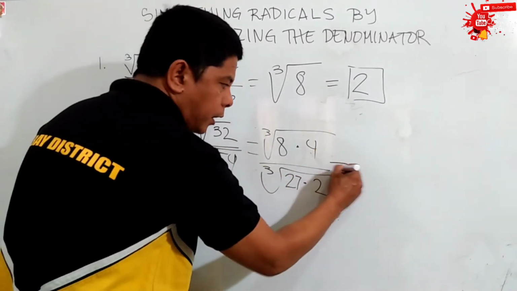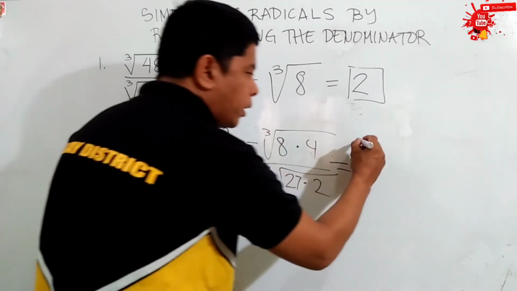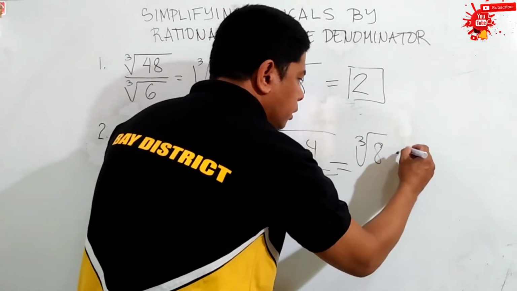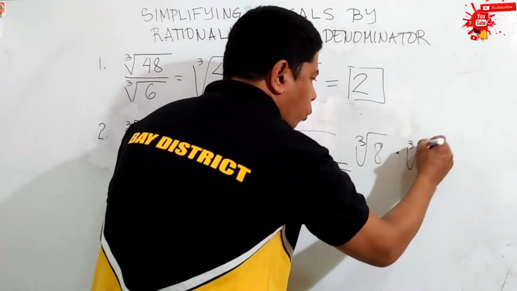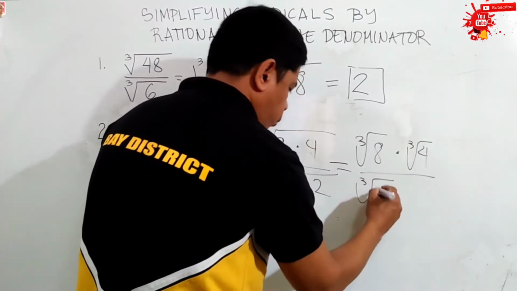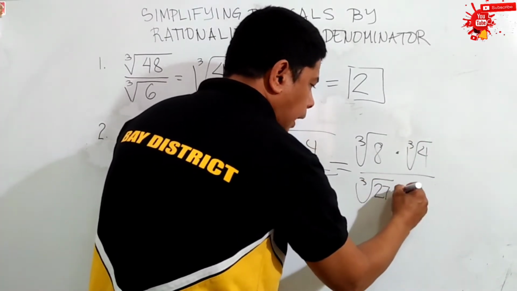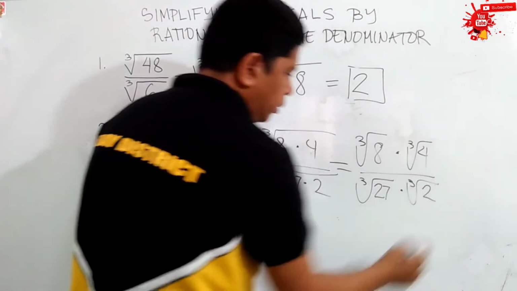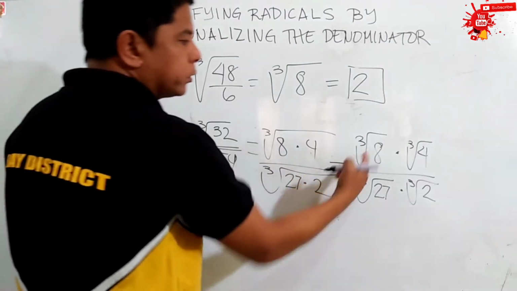So, paghiwalayin natin, huwag muna nating i-direct. So, we have cube root of 8 times cube root of 4 over cube root of 27 times cube root of 2. Okay. So, ano yung cube root ng 8?